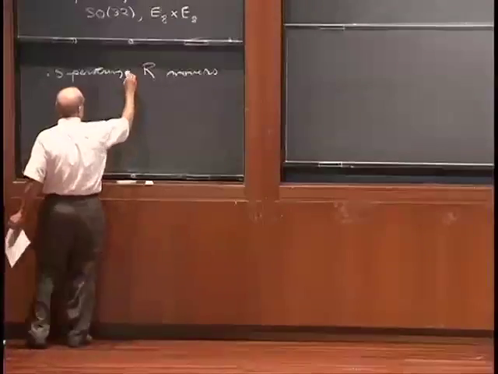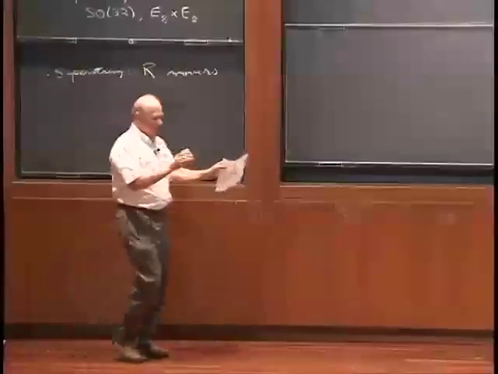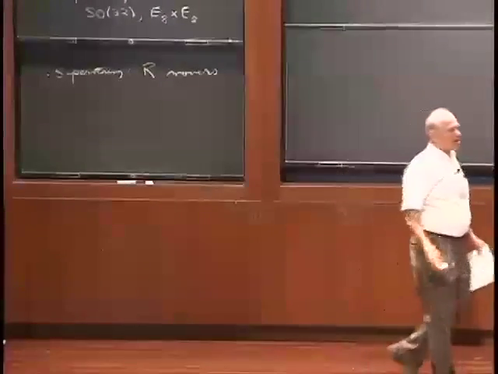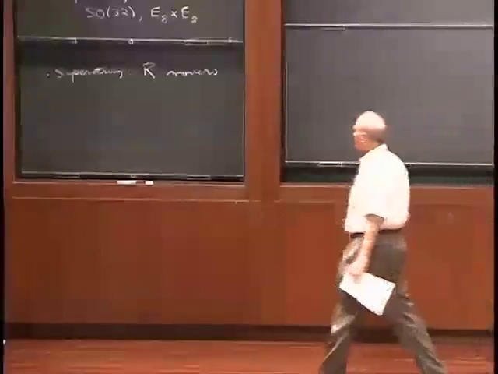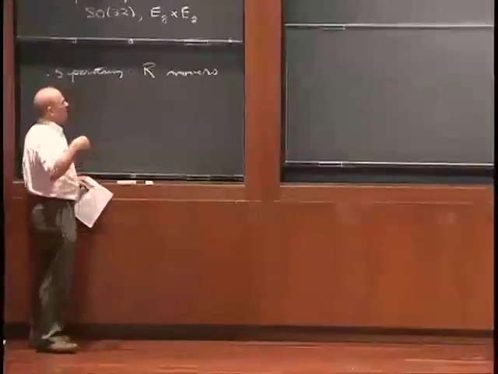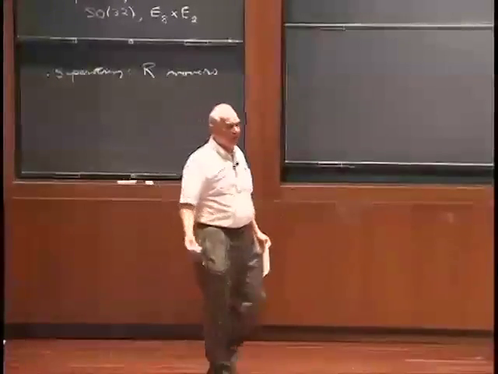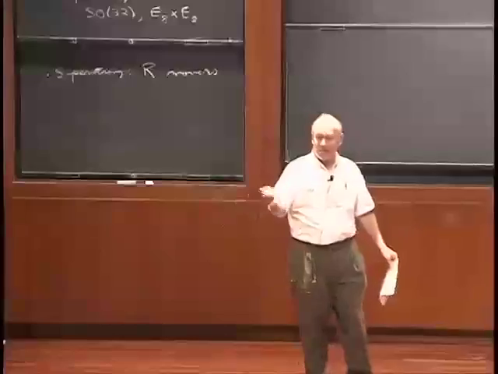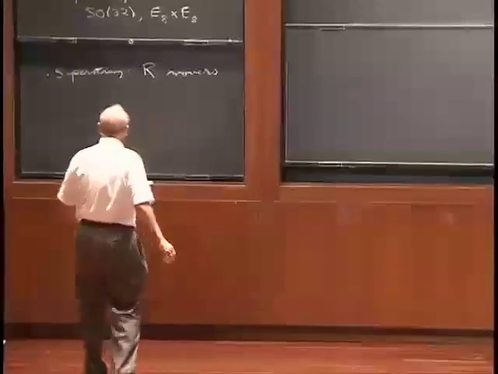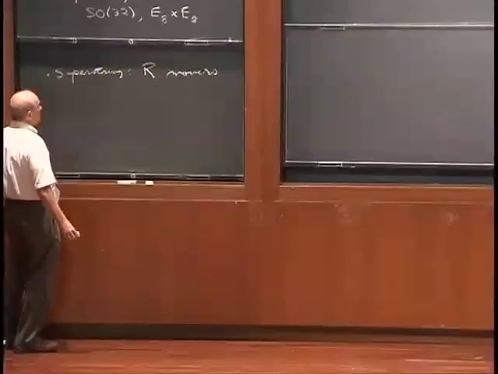And as in the other theories, when you look at the world sheet theory, there is a separation in the structure of the left moving modes and the right moving modes for the usual reasons, because basically you're just dealing with a wave equation or a Dirac equation for the world sheet fields, and that always splits into a left moving equation and a right moving equation. So one could discuss the left movers and right movers separately.